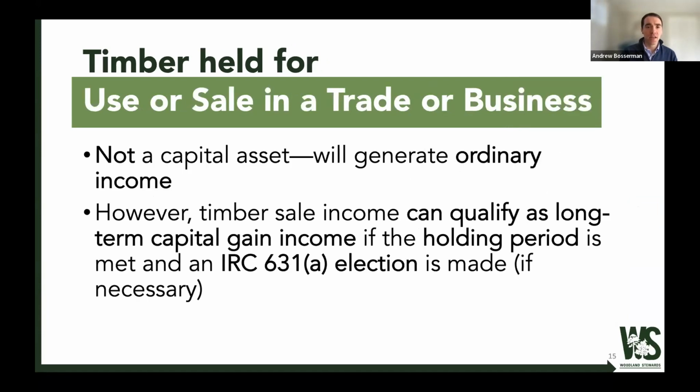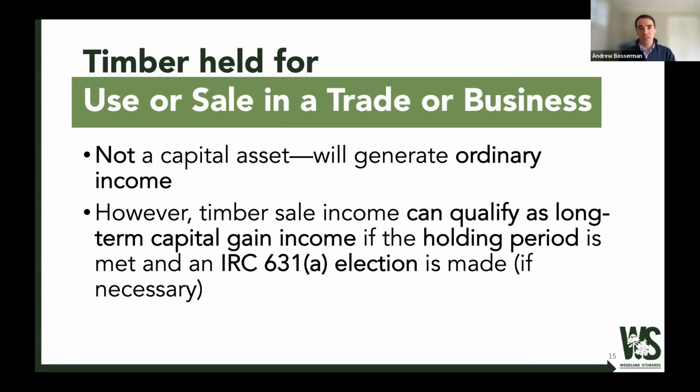But next, if you hold timber for use or sale in a trade or business, it's not considered a capital asset because, basically, if you're using it for sale in a trade or business, the IRS kind of looks at it like it's inventory, and generally business income is going to generate ordinary income, like I mentioned. So there's higher rates plus the addition of self-employment tax.